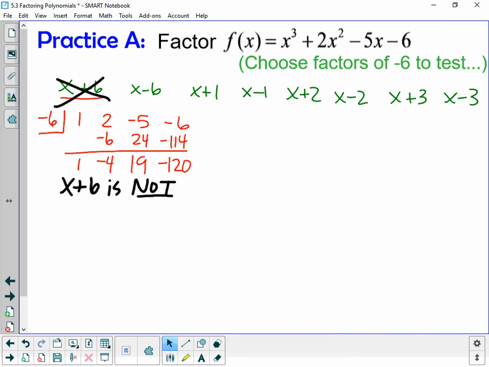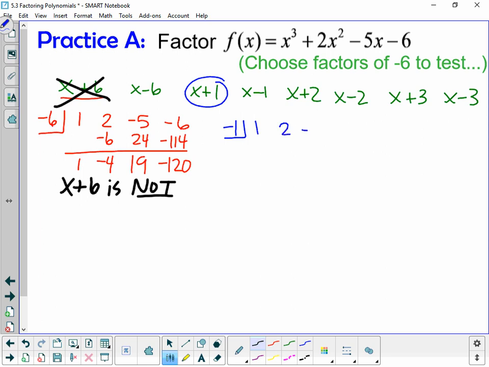Well, let's try another one, and maybe we could try x minus 6, or maybe we'll pick a different one. Let's pick this one. If we want to test x plus 1, we would use -1. Drop it down, multiply it, add it up, multiply it, add it up, multiply it, add it up.